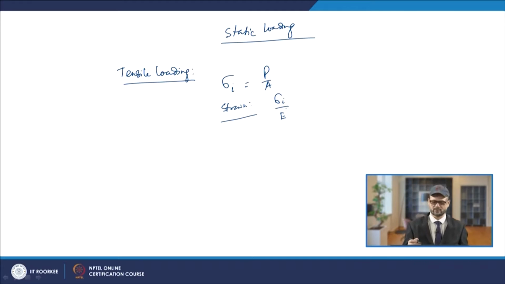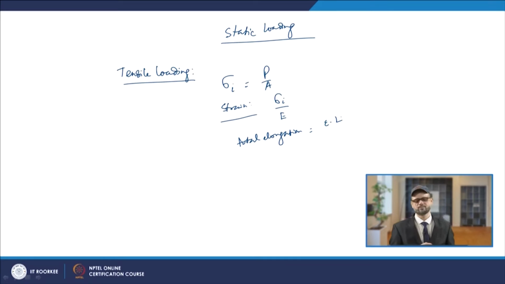So, accordingly you can have the strain, that is sigma upon E. And if you talk about the total elongation or displacement, that will be epsilon into L. So, that is your tensile strain into the length of the member.